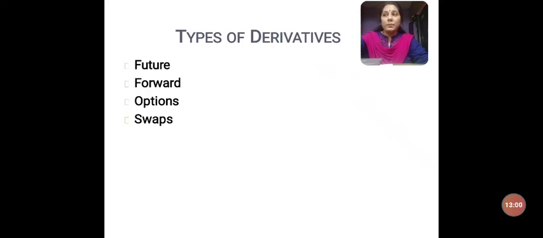Next you've got swaps. Swaps are the most complicated type of derivative contracts, which are entered into for exchanging cash flows in future between two parties. Swapping means exchanging one item for another.